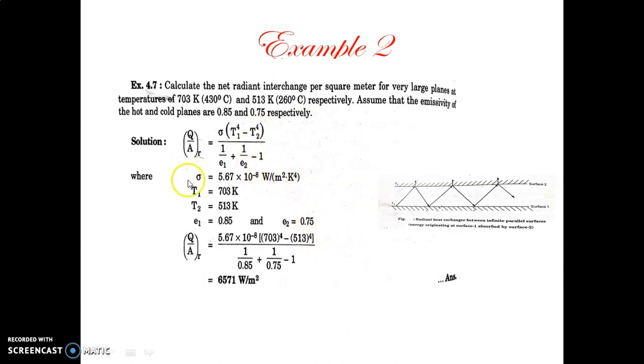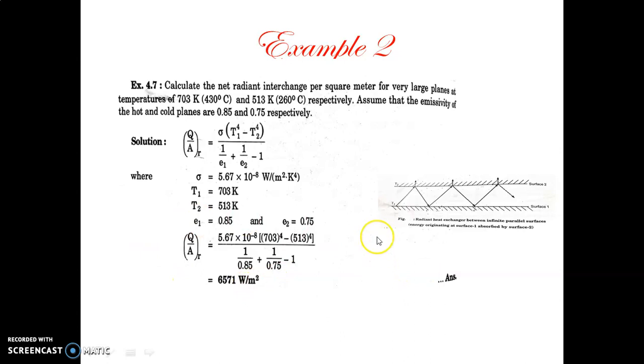Put all these values in this equation and calculate Q by A radiation. We get the value, which is equal to 6571 watt per meter square.